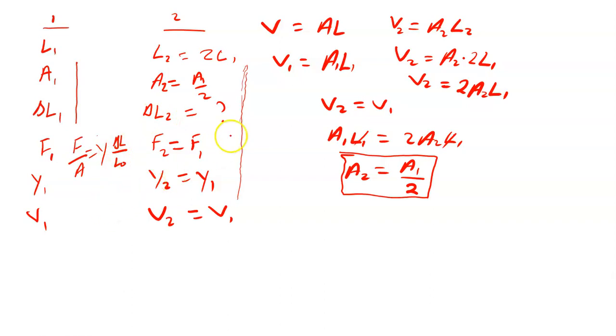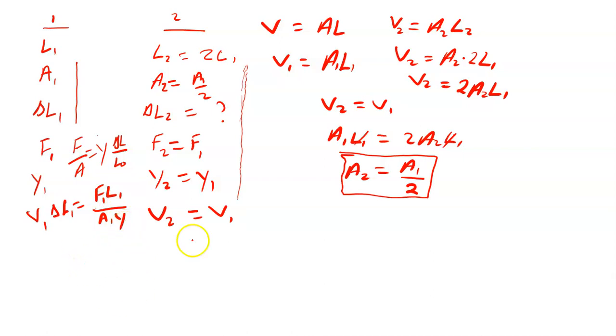So for the first wire, the change in L1 can be found by F1 L1 over A1 multiplied by the Young modulus.